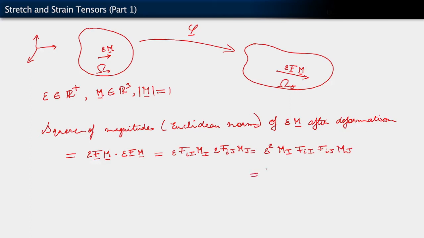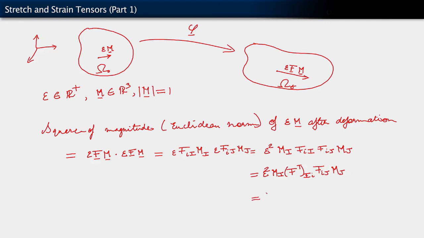Now, observing the arrangement of indices on the first F and on the second F, if you recall the way we defined transposes, it should be clear that what we have here is F transpose, F transpose_IJ, F_iJ, m_J.